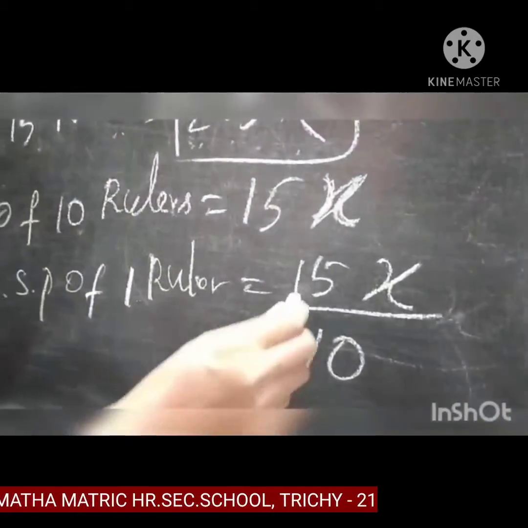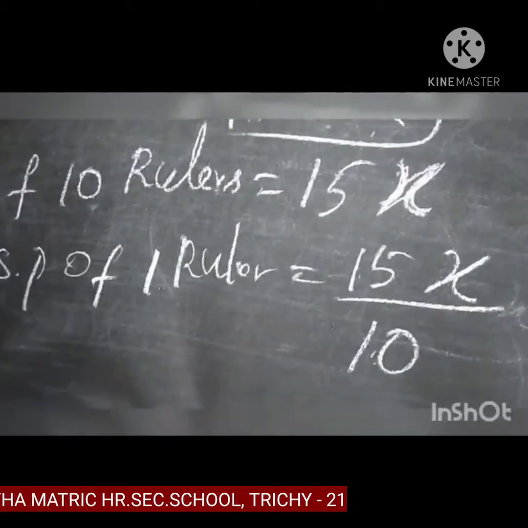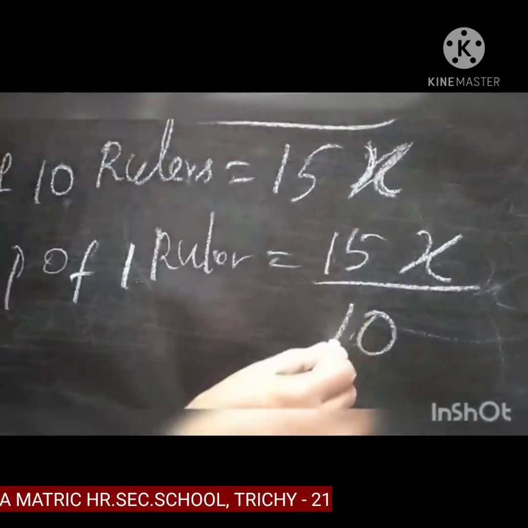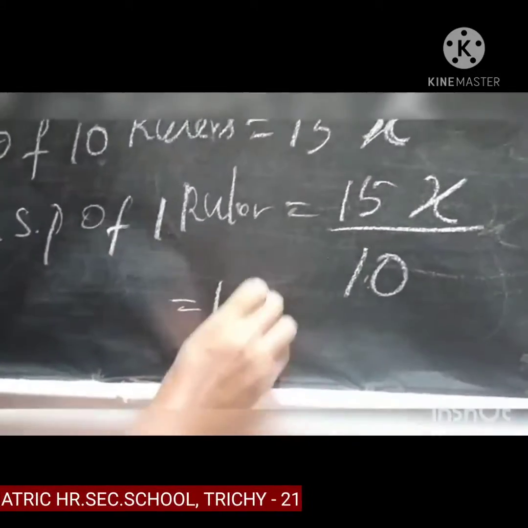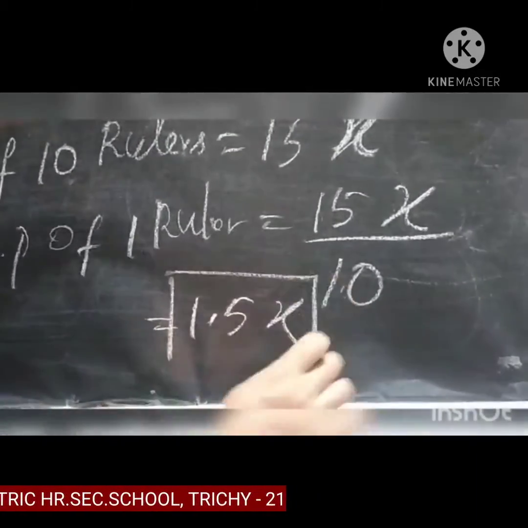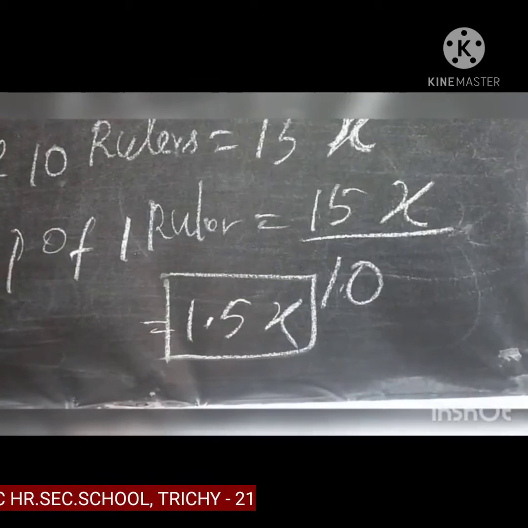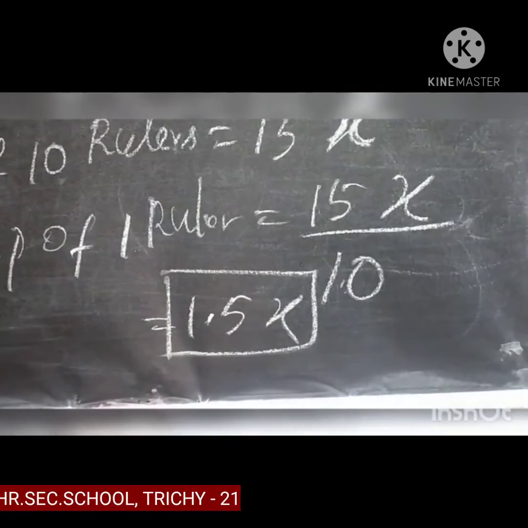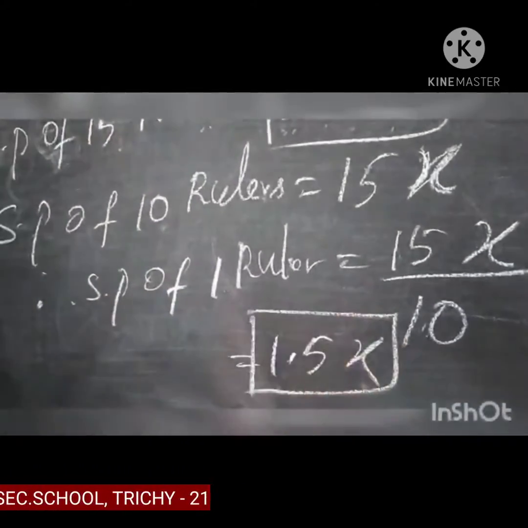Now you divide 15 by 10, that is 1.5. So the answer is 1.5 into X. This is the SP of one ruler. Already we know that CP of one ruler equals X, and SP of one ruler equals 1.5X.